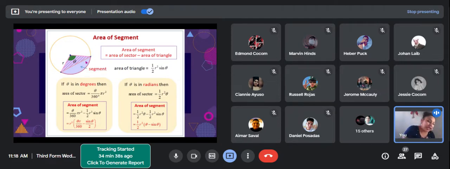So for me to be able to do that, I need to find the area of the entire sector and the area of the triangle, because that is what I do not want. And I subtract them to get the answer that I want.